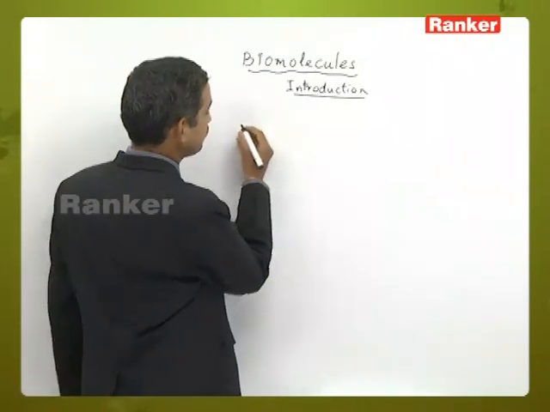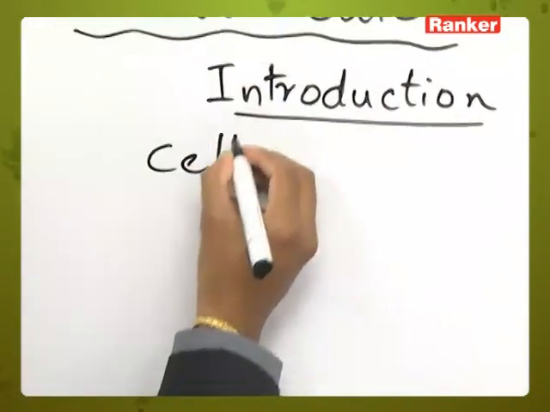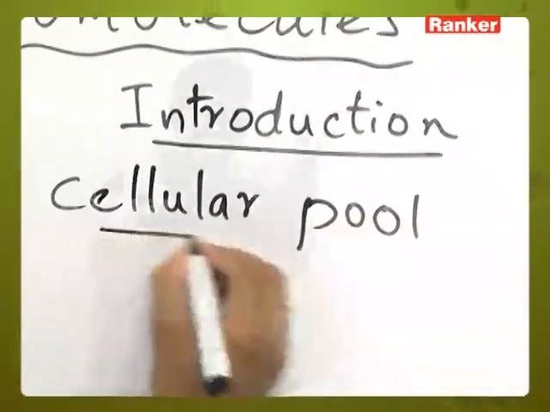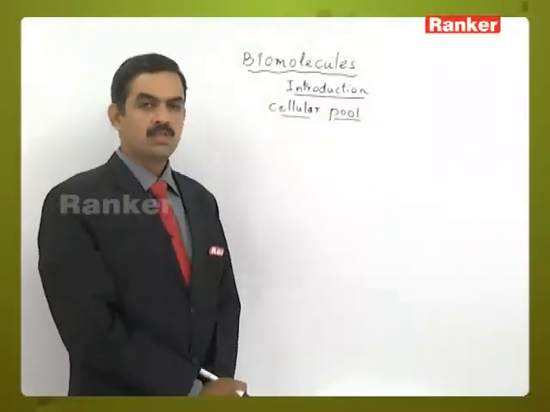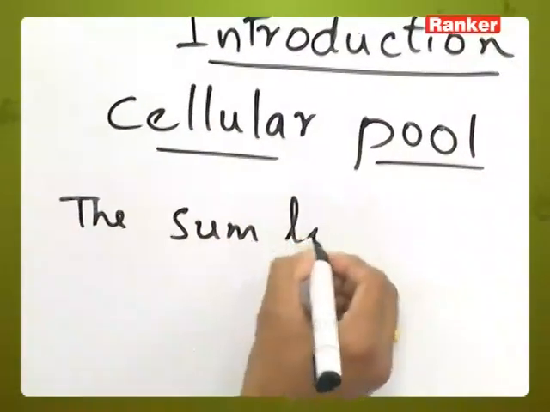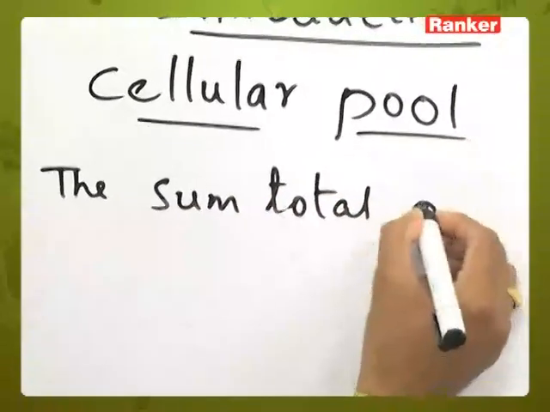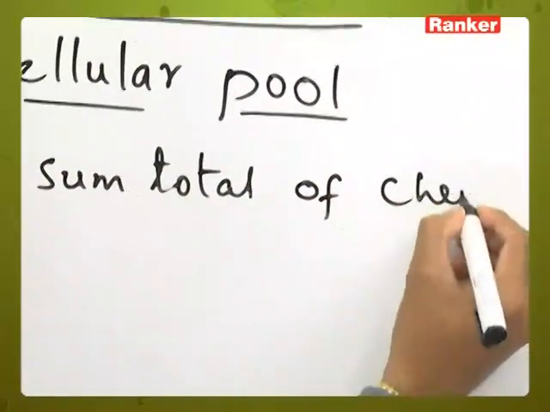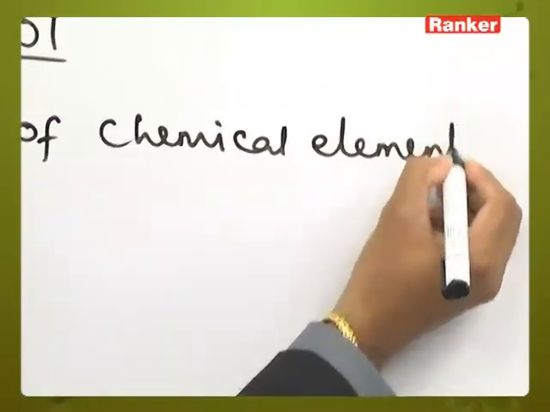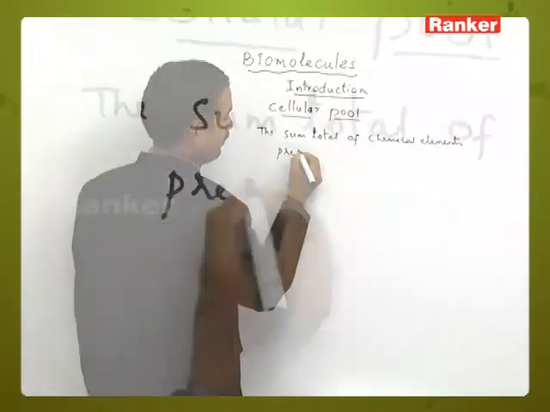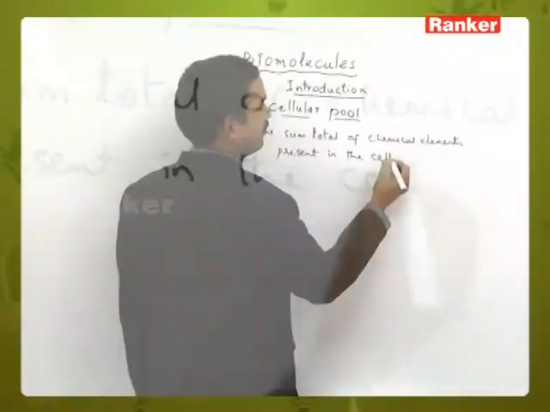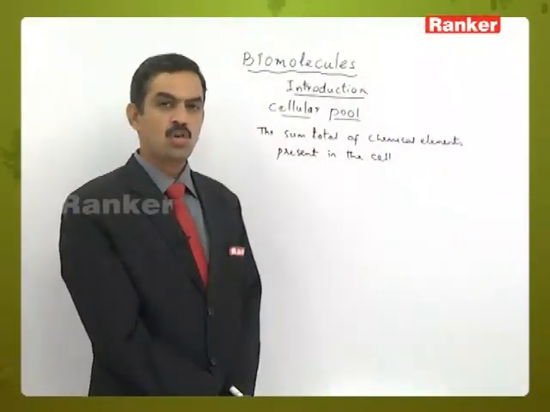In this, first let's see what is the cellular pool in a cell. The sum total of chemical elements present in a cell is called the cellular pool.